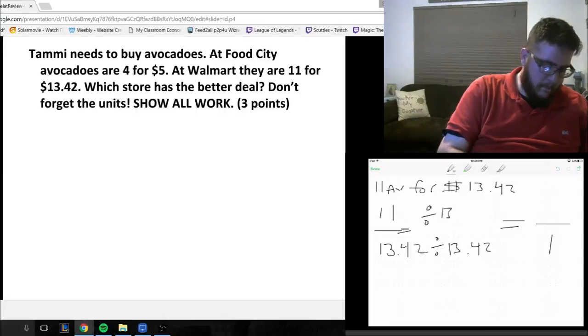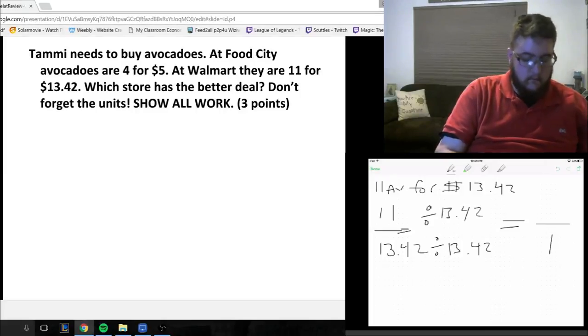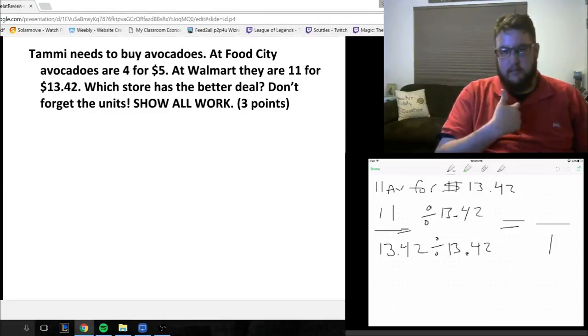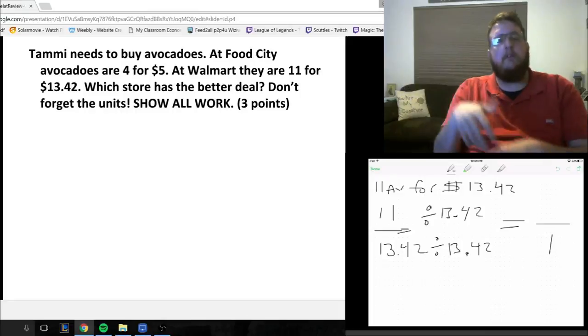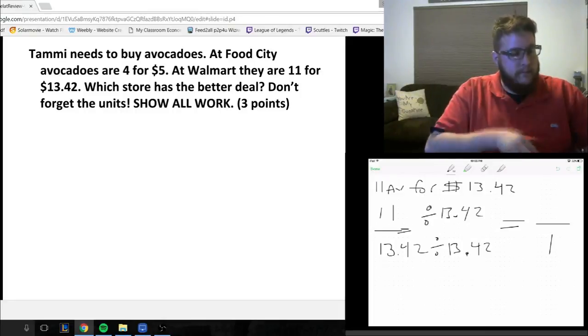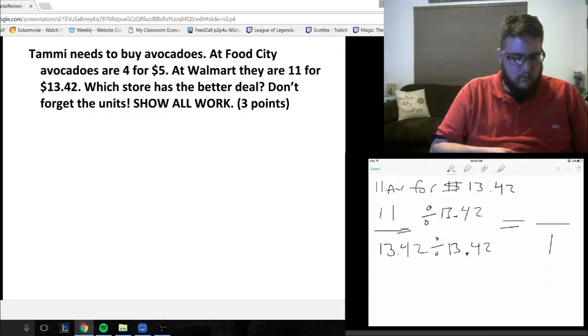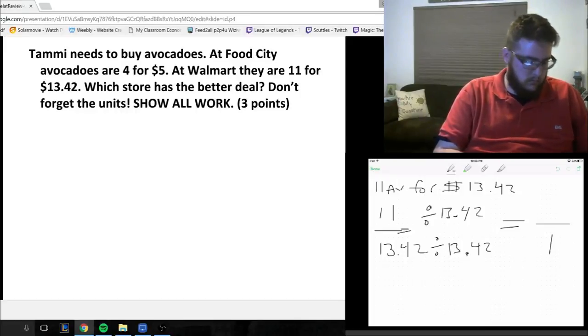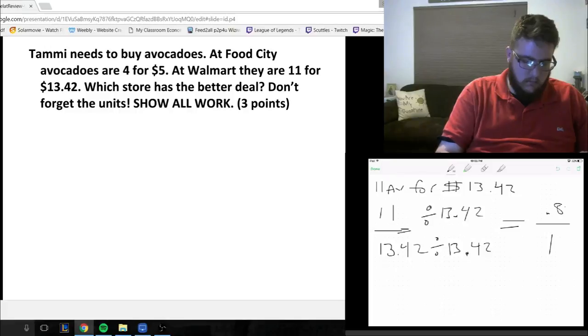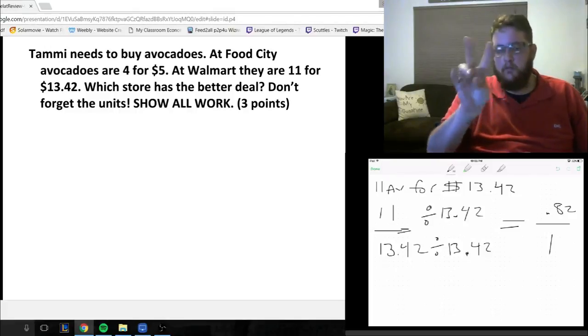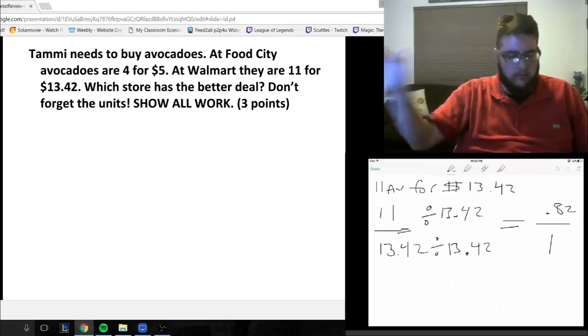And I'm not going to go through the long division here. I am going to grab the calculator in an effort to save a little bit of time. So the real answer was 0.821 on and on, but we're just going to leave it at 0.82.